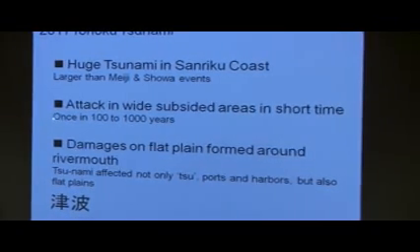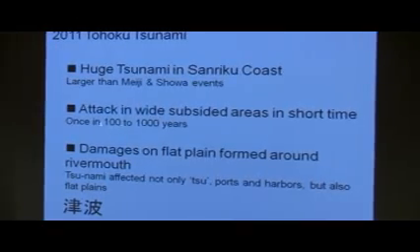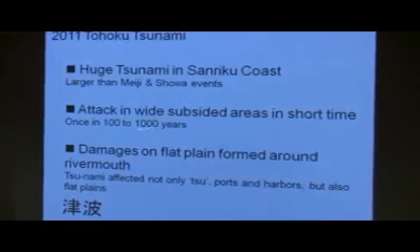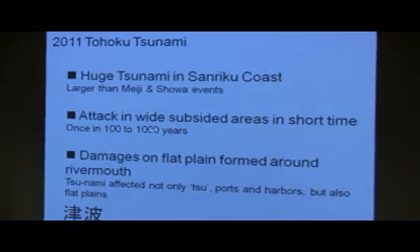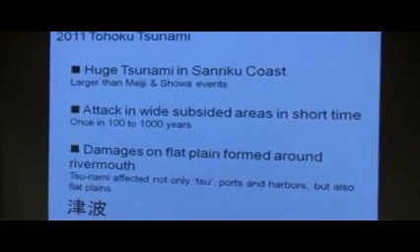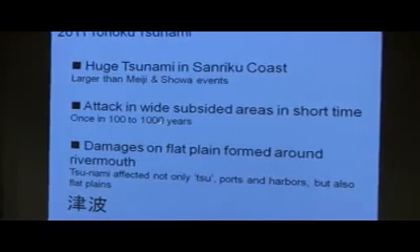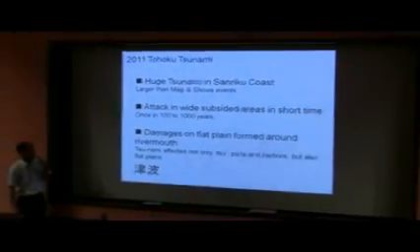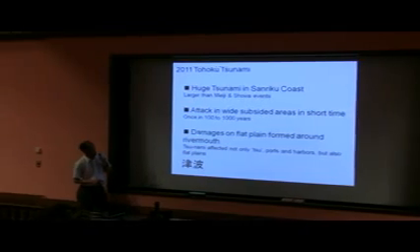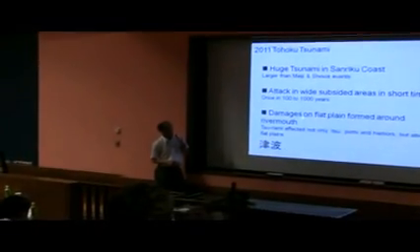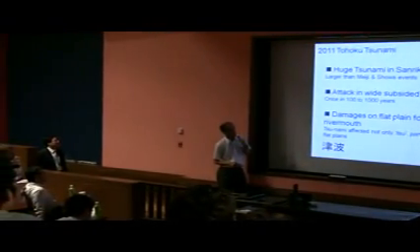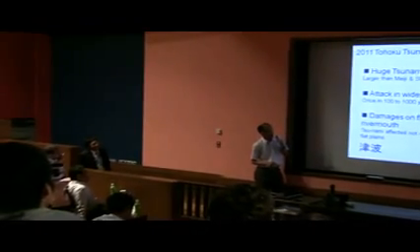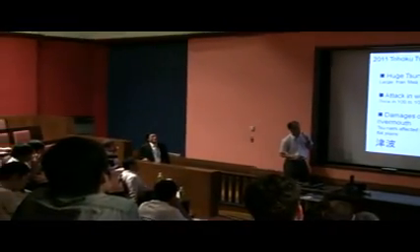The return period can be considered once in 100 years for the Sanriku event, but the Sanriku event was superimposed by the very rare event of Jogan type, 100,000 years. And the last point is that the damages are very huge, and it also affected the very flat plains that are formed around the rivers.